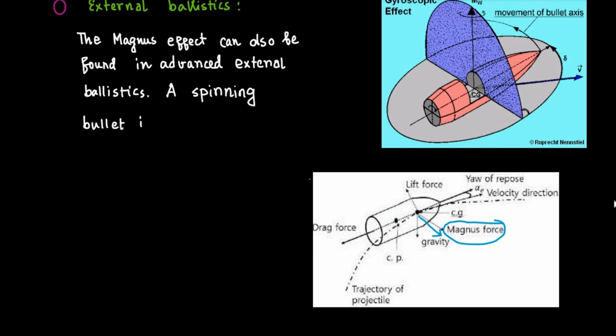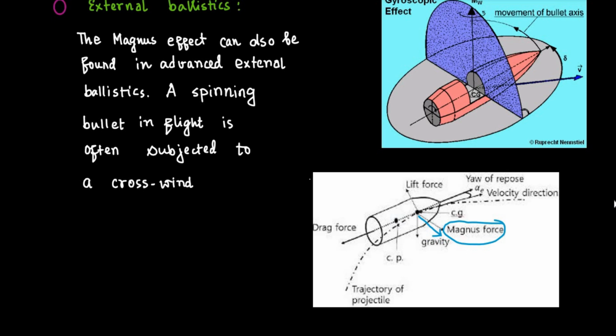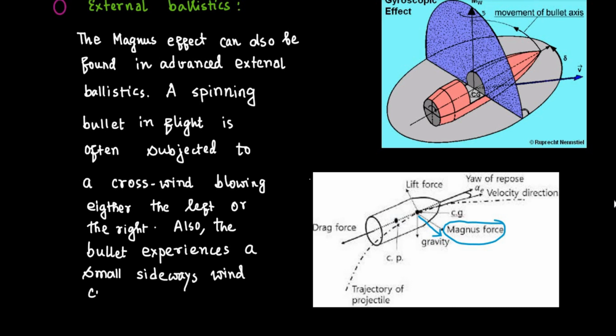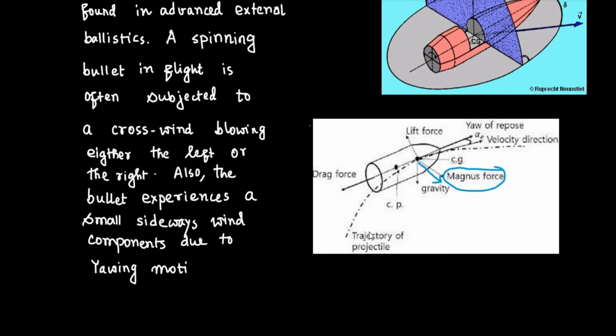A spinning bullet in flight is often subjected to a crosswind blowing either to the left or right. Also, the bullet experiences small sideways wind due to yawing motion.